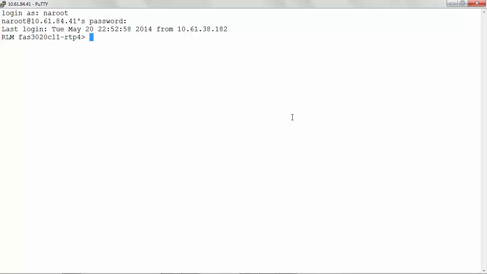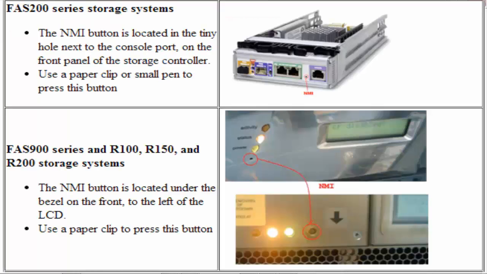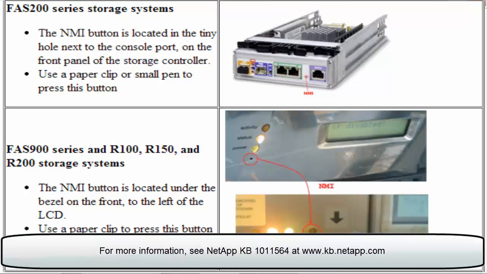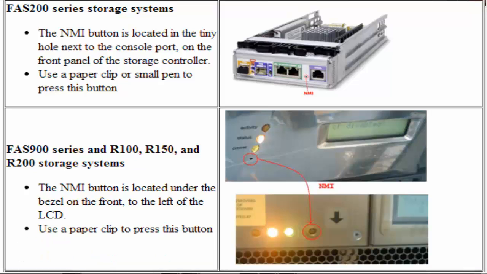For the F800, FAS900, and NeoStore series storage systems, press the NMI reset button. This button is usually located on the front panel under the bezel. In most cases, it requires the use of a paper clip to push. For the FAS200 series, the NMI button is located next to the console port on the back of the chassis.